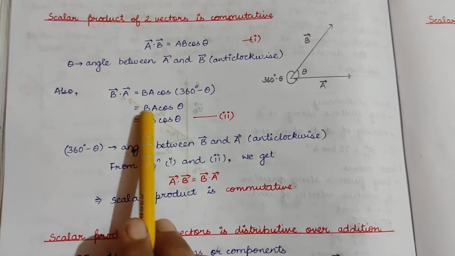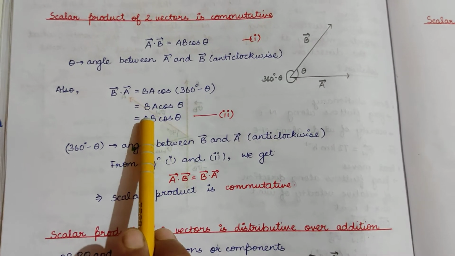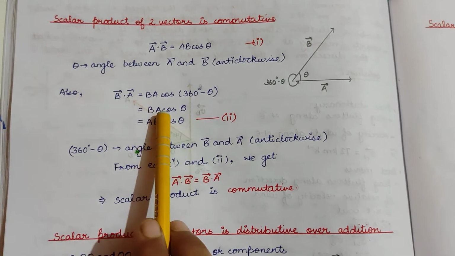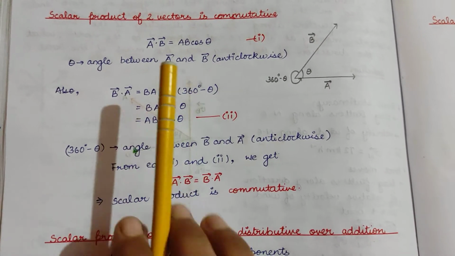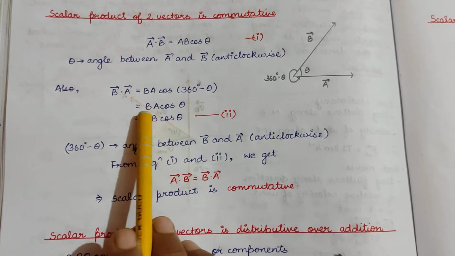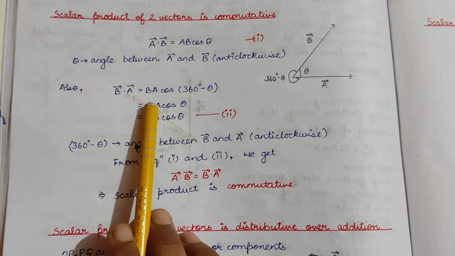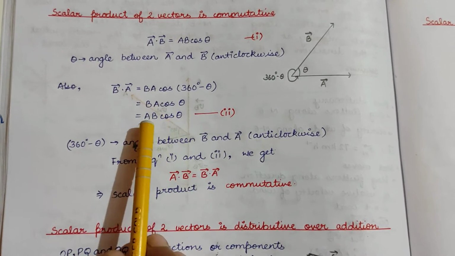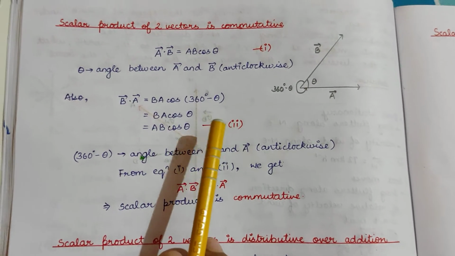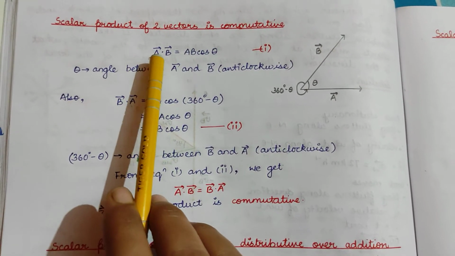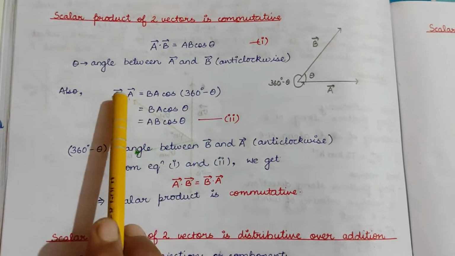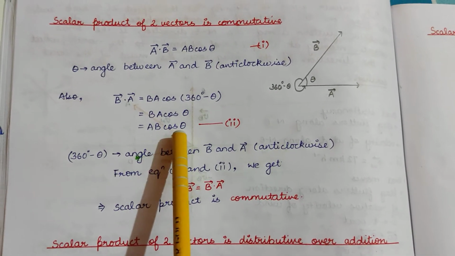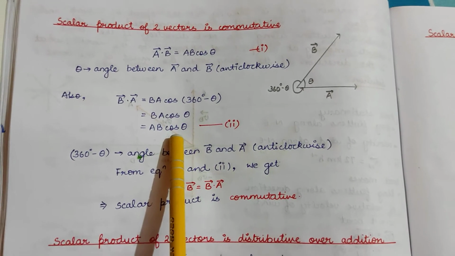If we rearrange it, we can write it as AB cos theta. Why? Because these are only the magnitudes of vector A and vector B, and direction is not associated with them. So BA cos theta can be written as AB cos theta. Now if you look, vector A dot vector B gave us AB cos theta, and vector B dot vector A is also giving us AB cos theta.